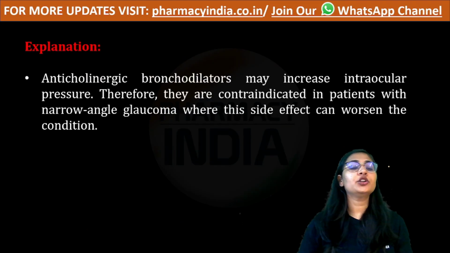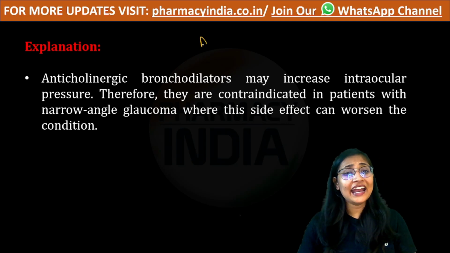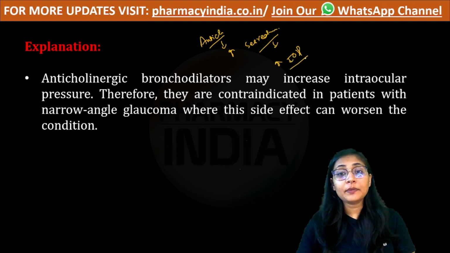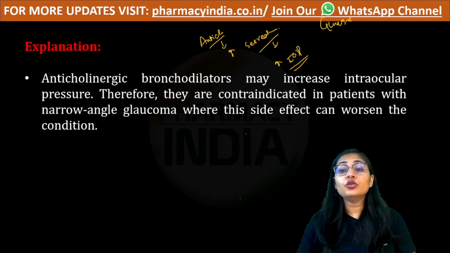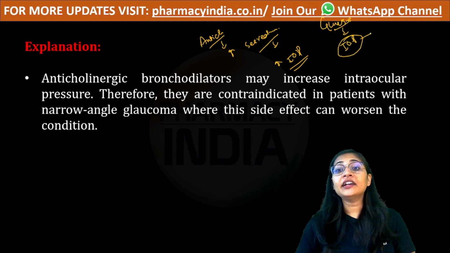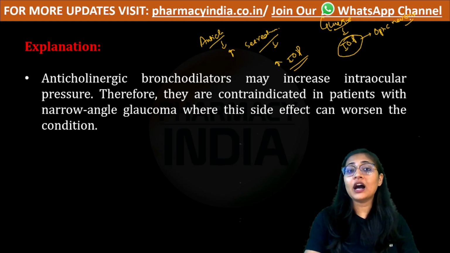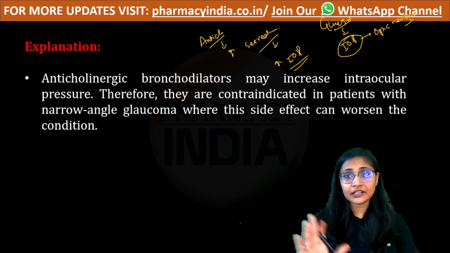I have mentioned in the previous question also that an anticholinergic drug would increase the secretion, and it would increase the intraocular pressure. Glaucoma is due to the increase of intraocular pressure. If intraocular pressure increases, then the optic nerve gets damaged. This is the only reason why glaucoma occurs.